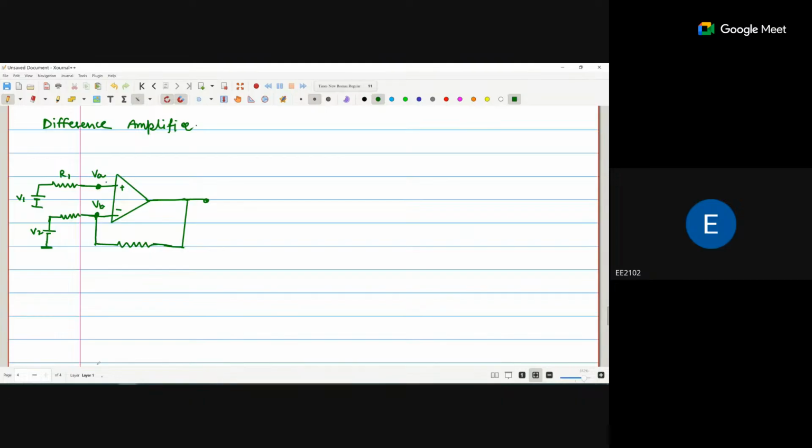If no current is flowing inside the operational amplifier, that means the current in this direction is zero. If current is zero, the voltage drop across this point is also zero. So we can say VA is equal to VB is equal to V1.